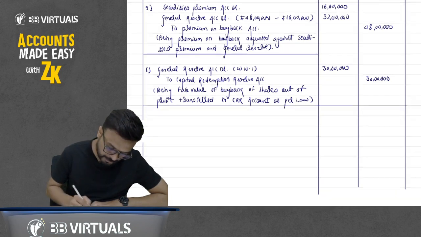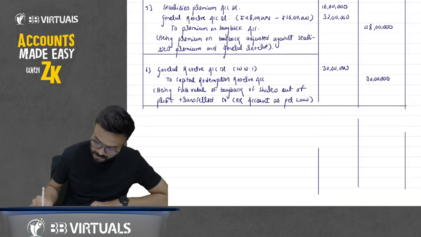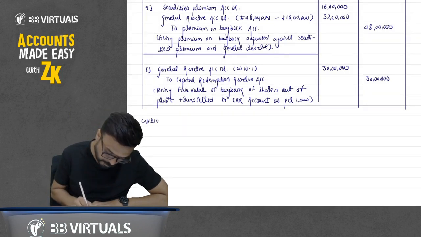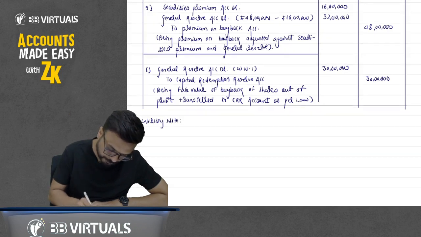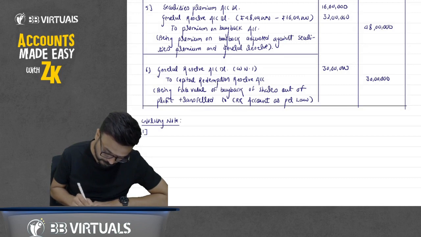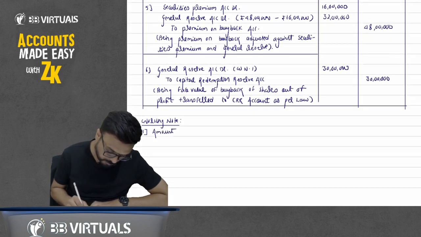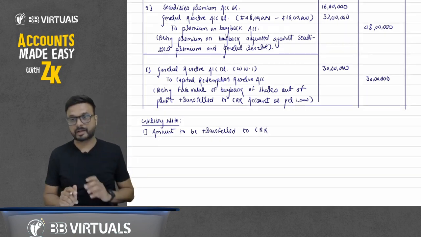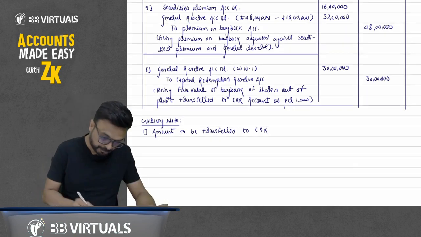Now write down there, working note number 1. Amount to be transferred to CRR, capital redemption reserve.